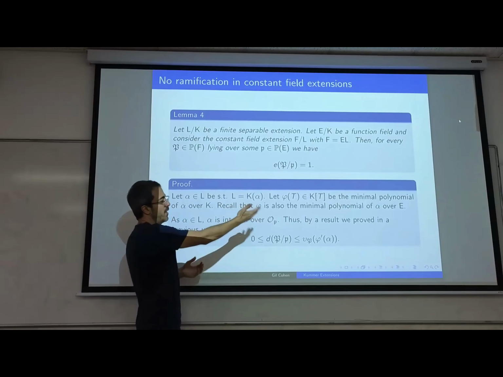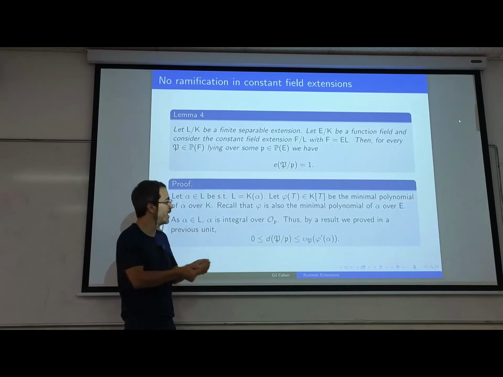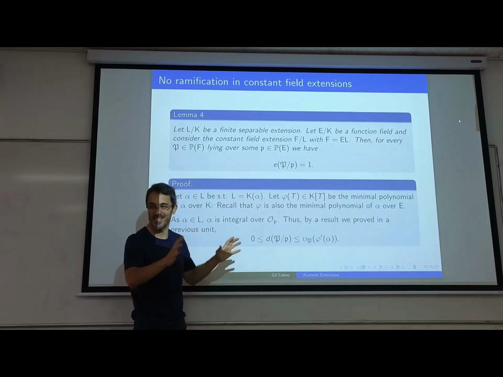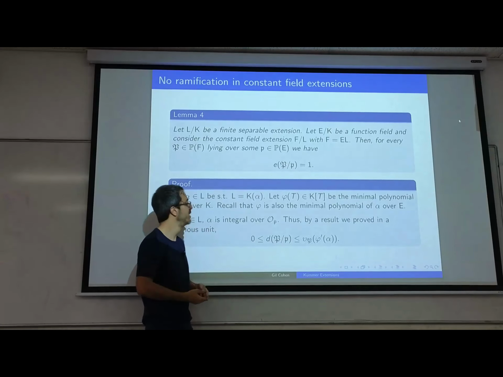Everything in E which is not in K is transcendental, and transcendental stuff won't help you factor algebraic stuff. That wasn't the proof, but that was the idea. So phi is really also the minimal polynomial of alpha over E, not just over K. You added more things, but none of them is algebraic, so it doesn't help you. So just keep that in mind: phi is the minimal polynomial of alpha over E.